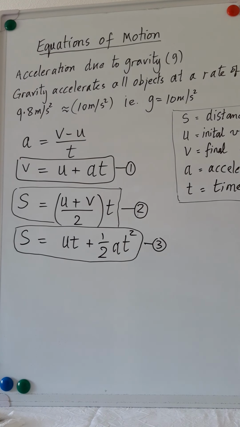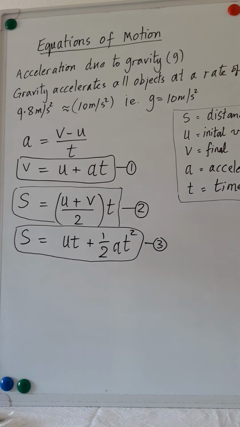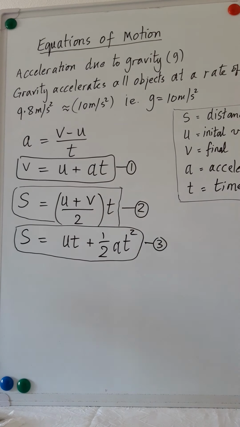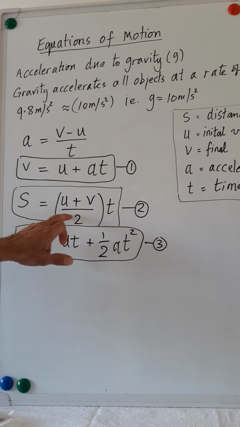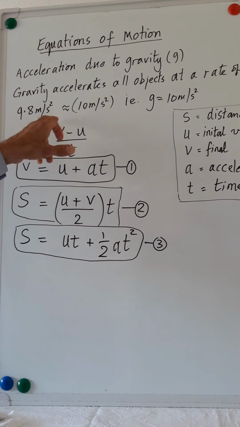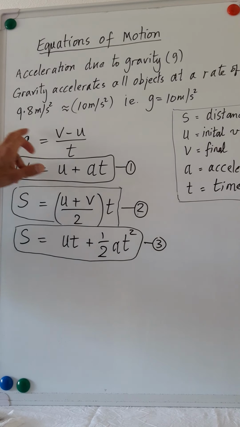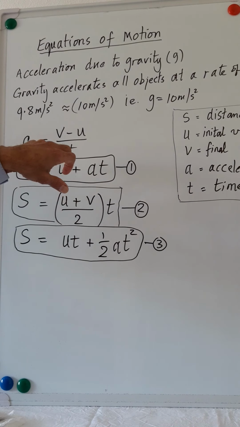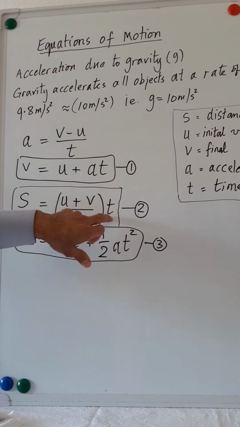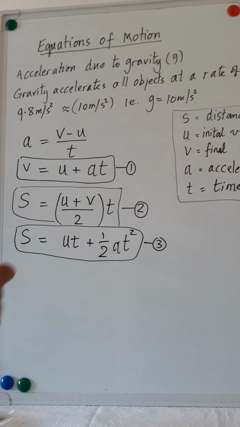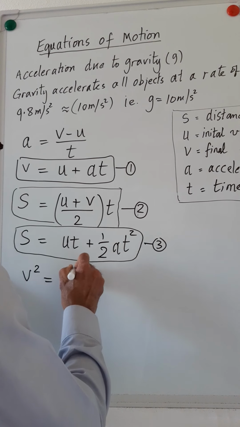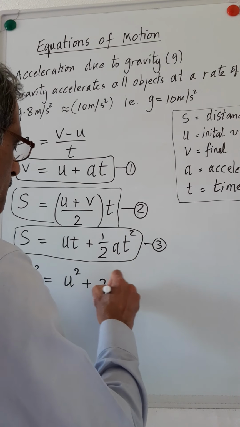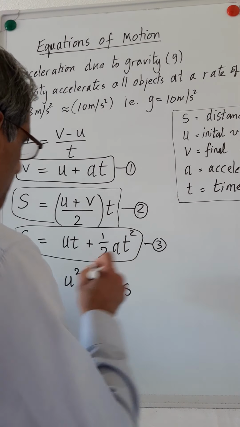And the fourth equation we can get by substituting for t into s equals u plus v over 2 times t, where t is v minus u over a. If you do that, you get the equation v squared equals u squared plus 2as.